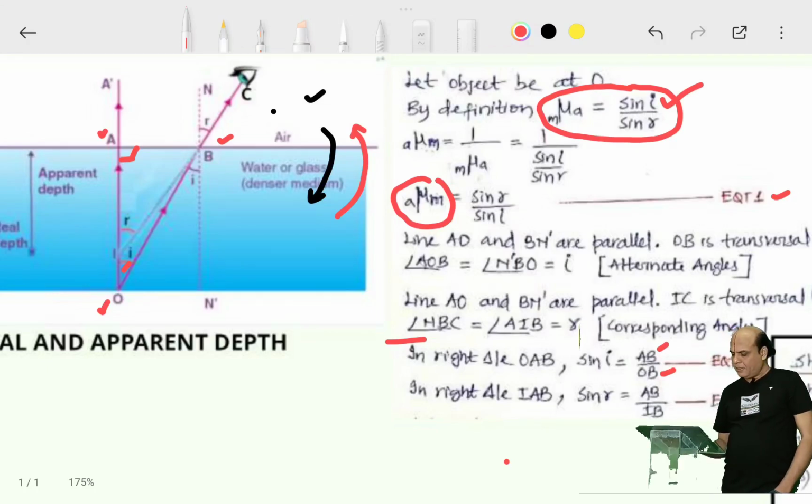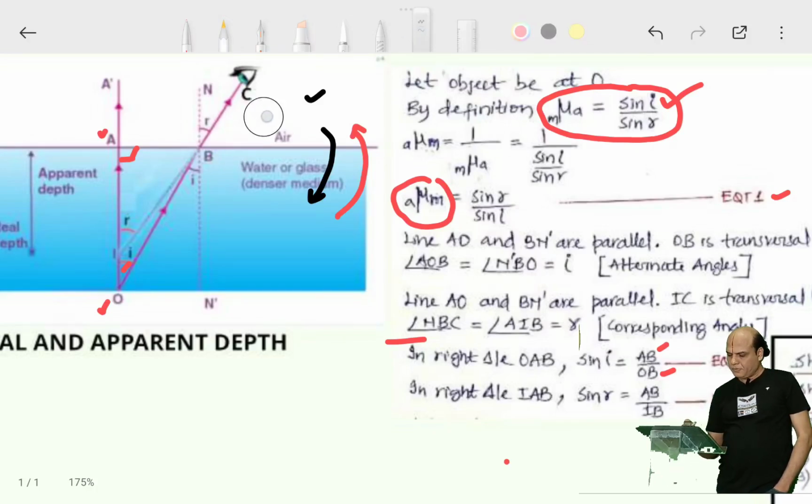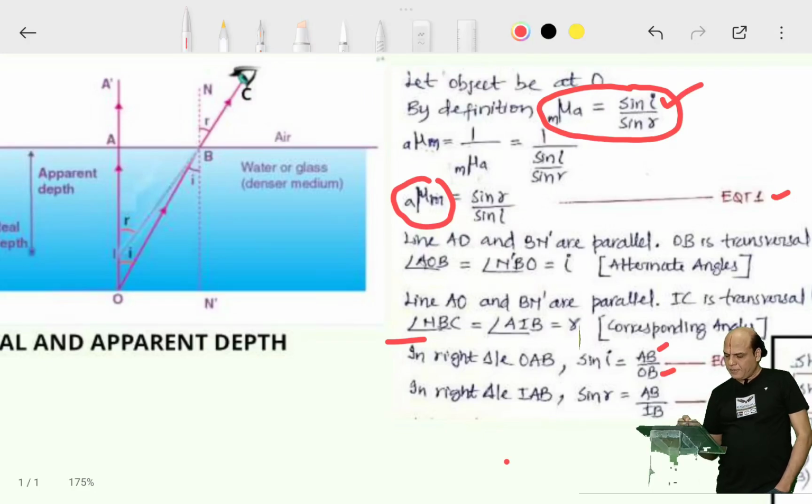Clear? Likewise, in triangle IAB, so again this is a right triangle. In this triangle, sin R, so this is the angle R. Sin R means opposite AB by hypotenuse IB.